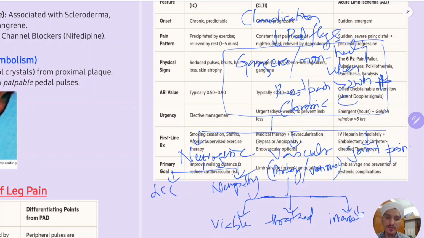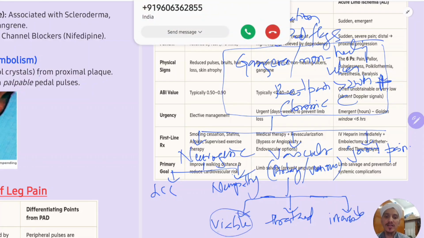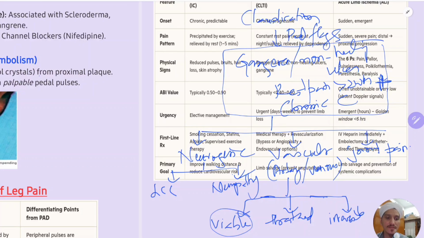If it is viable, you will modify the risk factors and you can use cilostazol. Threatened: you will plan thrombolysis or surgery. 2A is thrombolysis or surgery, and 2B is surgery along with catheter-induced thrombolysis. Irreversible: you can do embolectomy and thrombectomy so that the extent of amputation can be decreased.